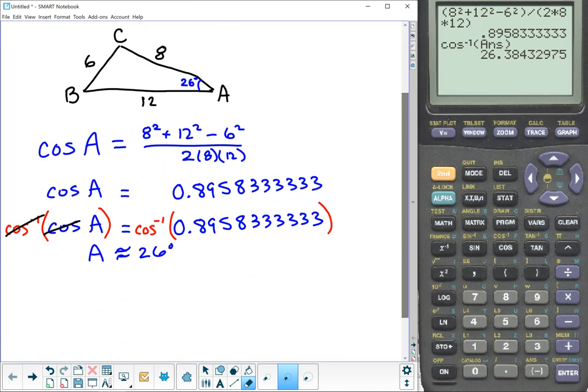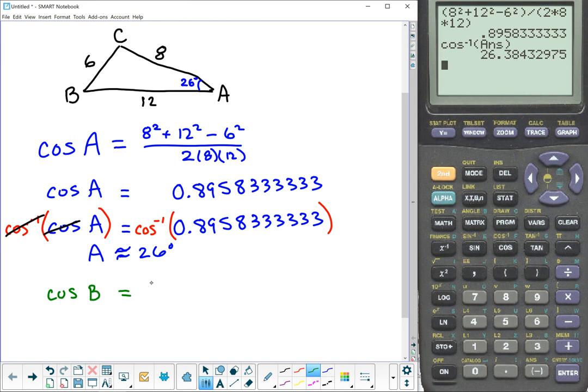So I'm going to start over again, and this time I'm going to go with angle B. I'm going to put this in green this time, so it's going to be cosine B equals, and since I'm doing cosine of B, I'm going to be using A and C. So A is going to be 6 squared plus C, which is 12 squared, minus the side B, 8 squared. And then it's going to be over 2 times 6 times 12.